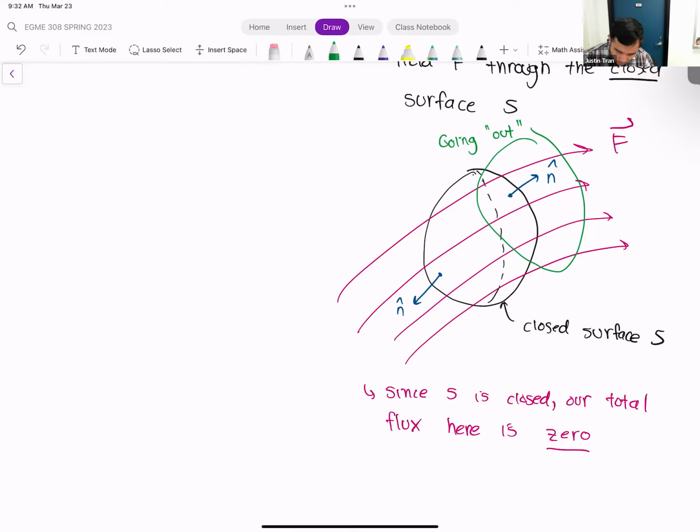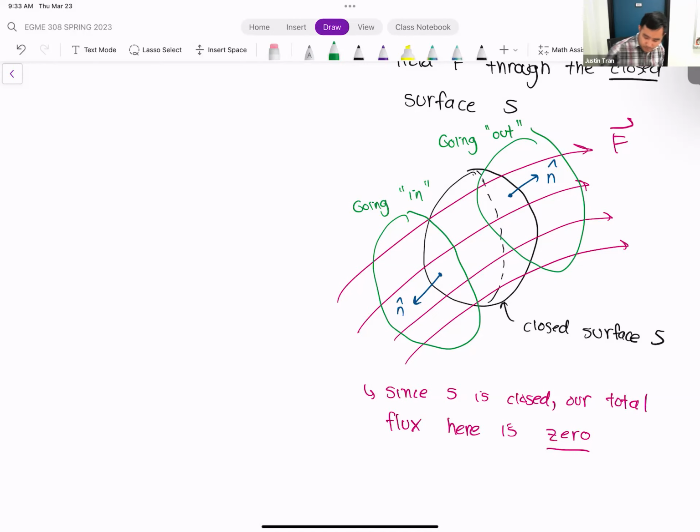Whereas on the other part of the surface here, we have vector lines that are going into the surface, or into the volume. And so if you take the total net effect and sum up all of the contributions for the entire surface, assuming this vector field F is mass conserving, which we'll talk about in a second when we talk about the other side of the divergence theorem, then all of the contributions going out are going to be the same as all the contributions going in, and they're all going to perfectly cancel each other out to give you zero.